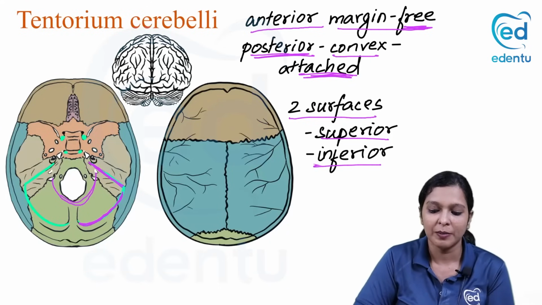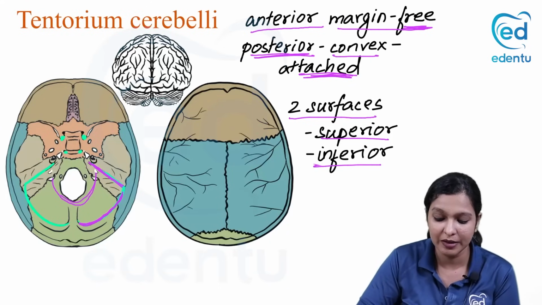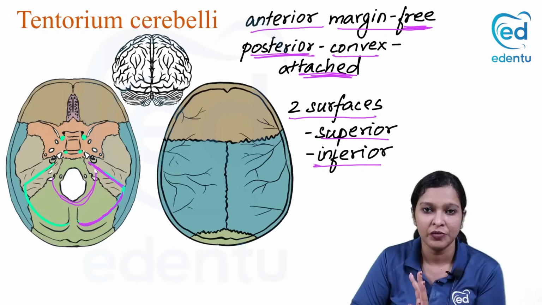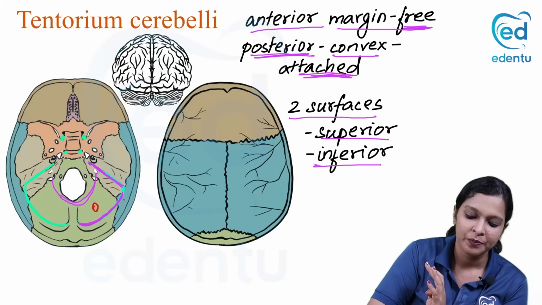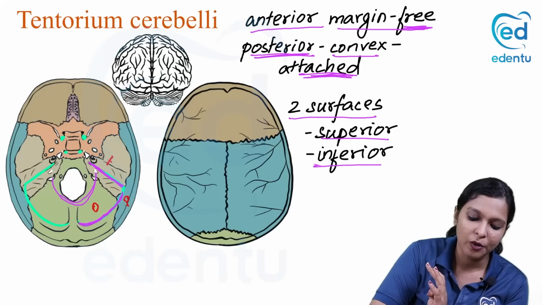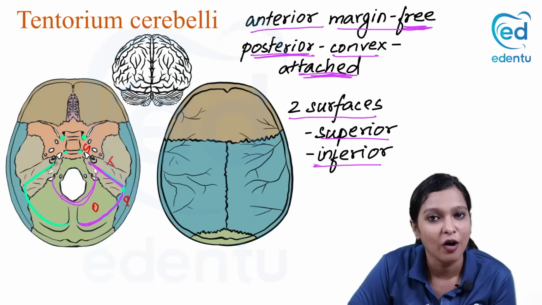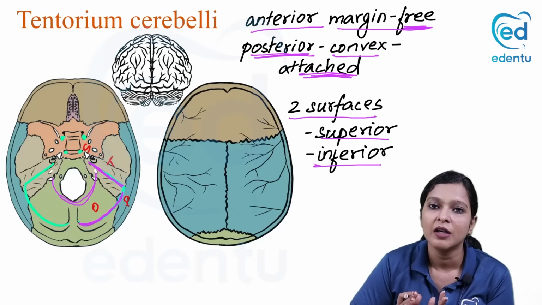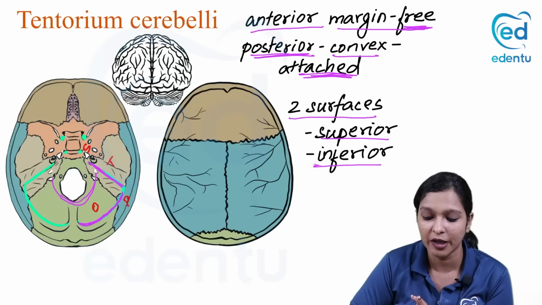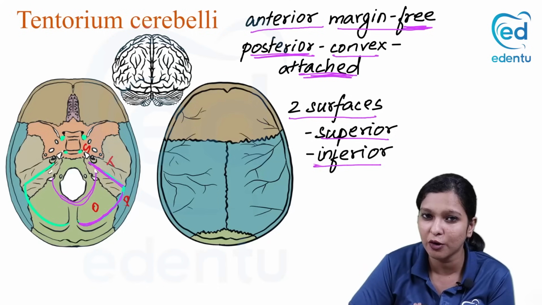So remember the attached margin is attached to four bones. First I'll list out the bones: the occipital bone, parietal bone, temporal as well as sphenoid. The attached border of the tentorium cerebelli is convex in shape, and it is attached to four bones.